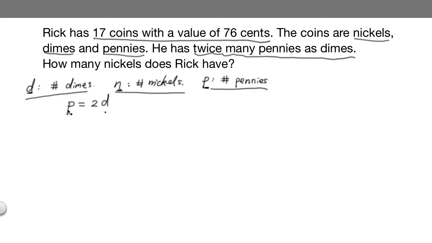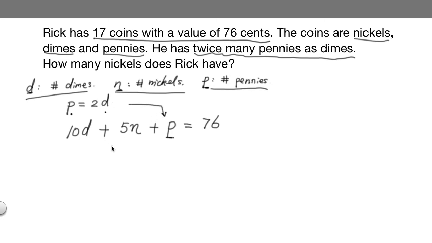So for D dimes, the total value is going to be 10D. For the nickels, each nickel is 5 cents, so it's 5N. And for pennies, each penny is 1 cent, of course. This equals 76 cents.